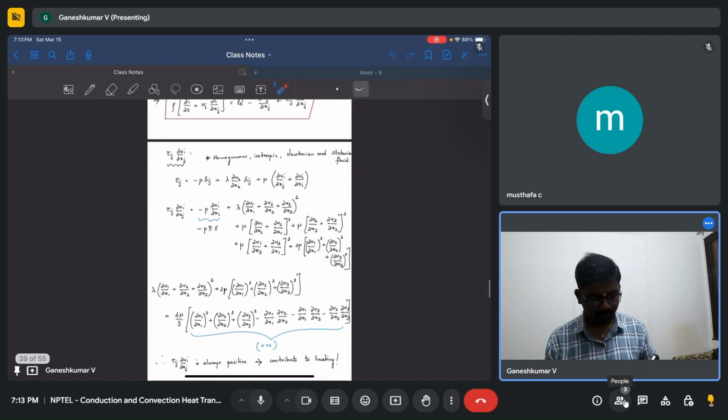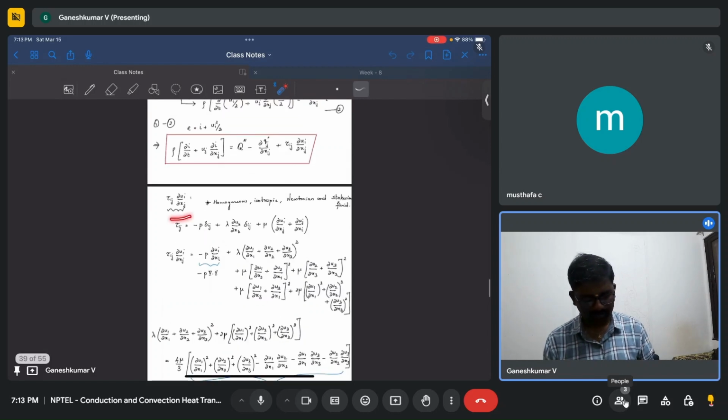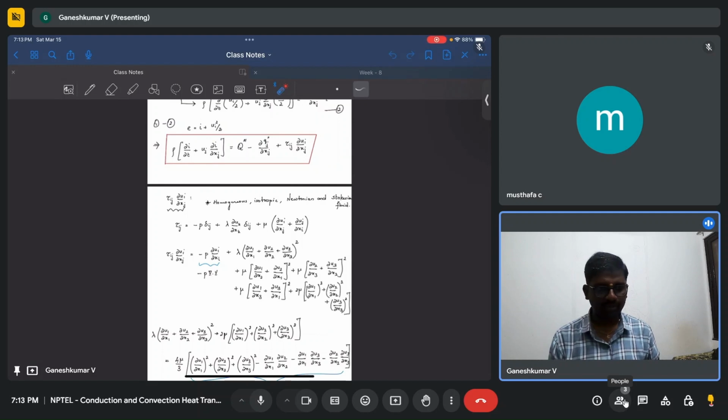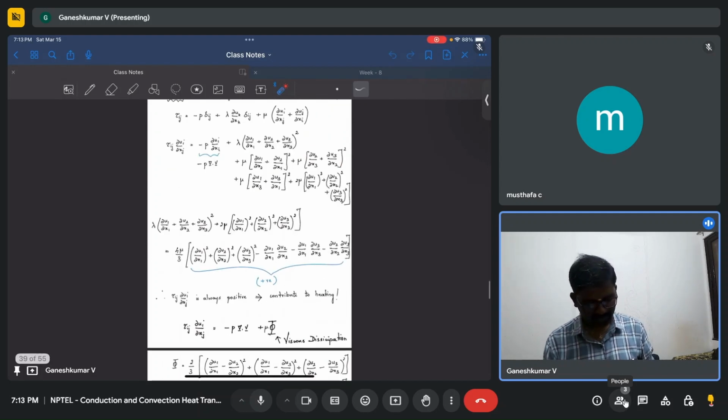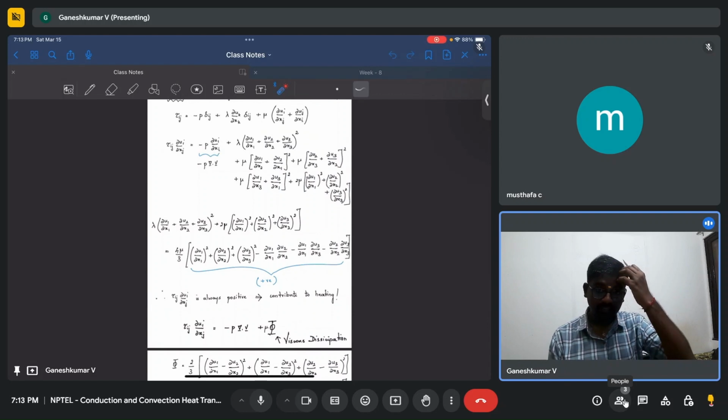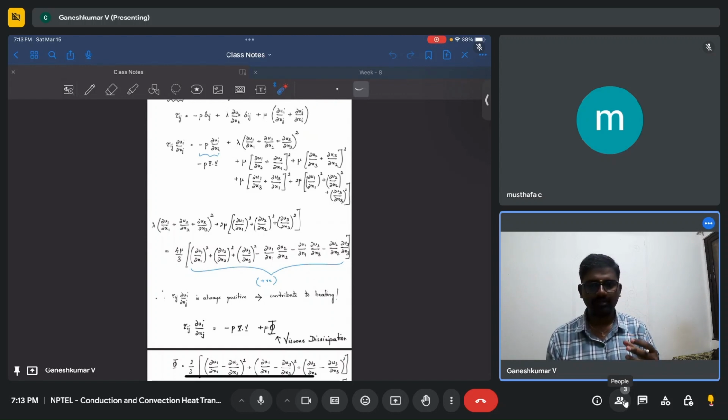We also quickly went through this term tau ij dou u i by dou xj, which is nothing but your viscous dissipation term, and we also proved that it's always positive. Because of the viscosity of the fluid, when the fluid flows, the rubbing motion between the fluid surfaces is going to generate heat, and the heat is going to contribute to the internal energy.